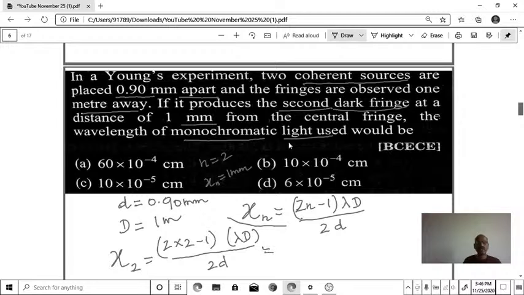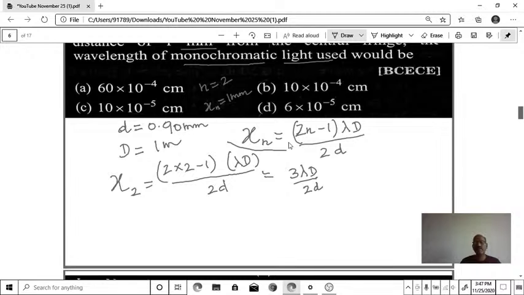Now simplify: 4 minus 1, we know, is 3 lambda D by 2d. That's it. Now substitute all the values given. We got x to the base 2 equal to 3 lambda D by 2d.